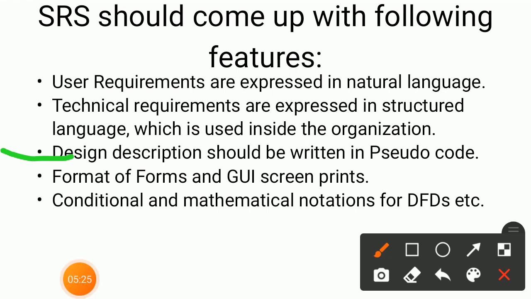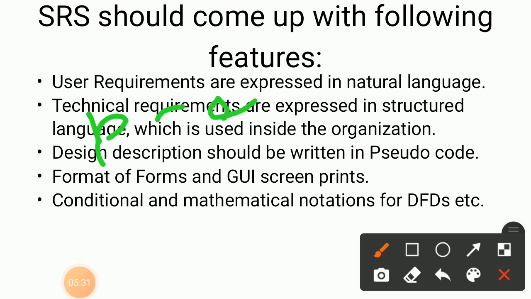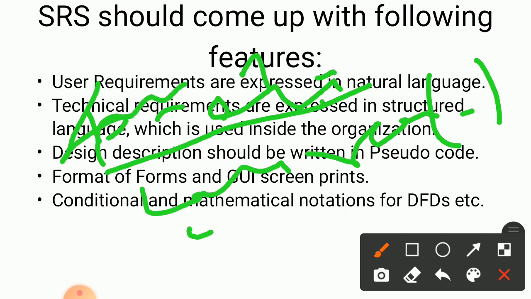For example, if we have a recursion pseudocode, then we will write like this: call the function recursion, and then the body of recursion: for I is equal to 0 to I is equal to n minus 1, call the function recursion.